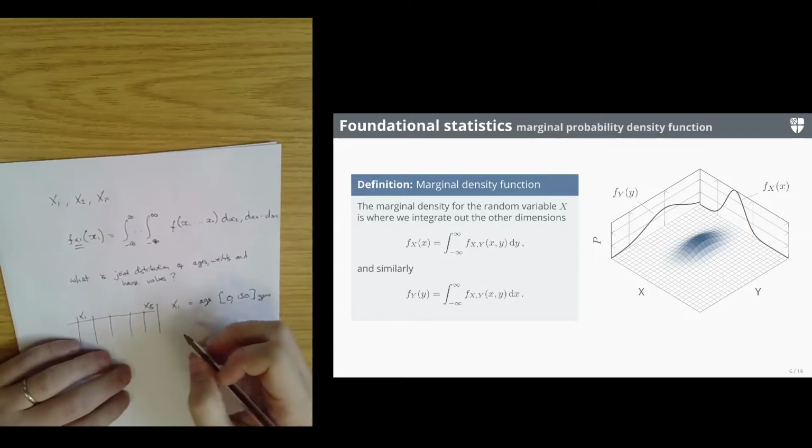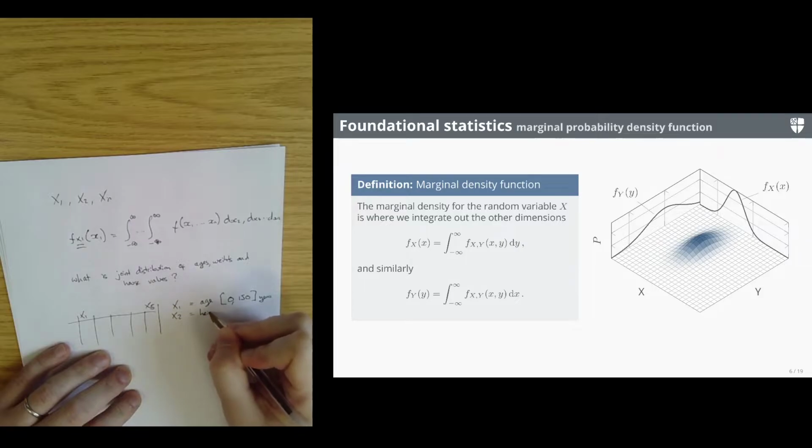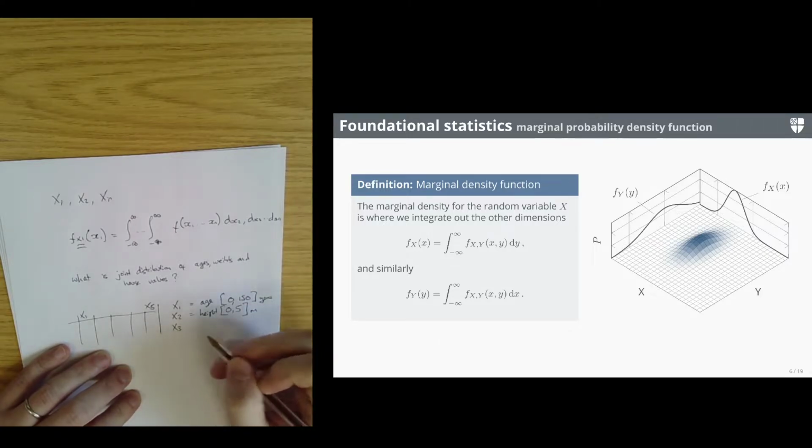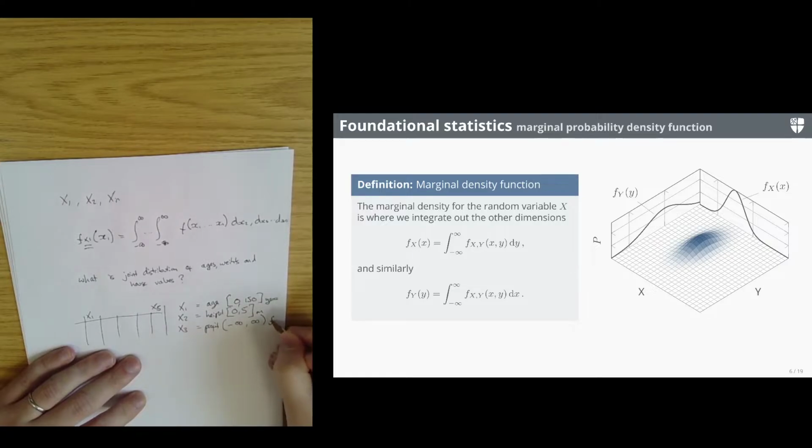Sorry, I'm not sure if my notes are in view. x2 is the height, and we can create some intervals, say 0 to 5 meters. x3 we could have as the annual profit, and this could be unbounded. You could even make a loss, so we could say it's between negative infinity and positive infinity. This is an unbounded interval, and that can be in pounds.